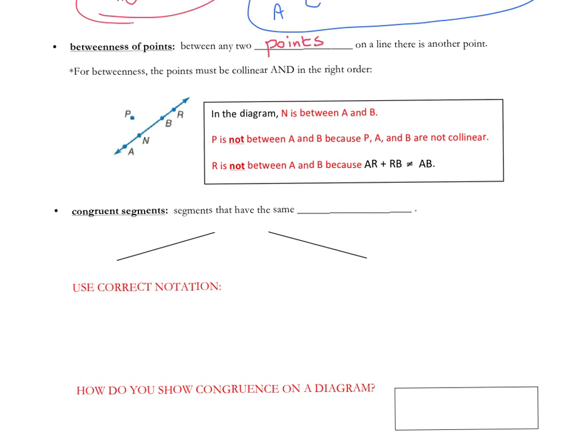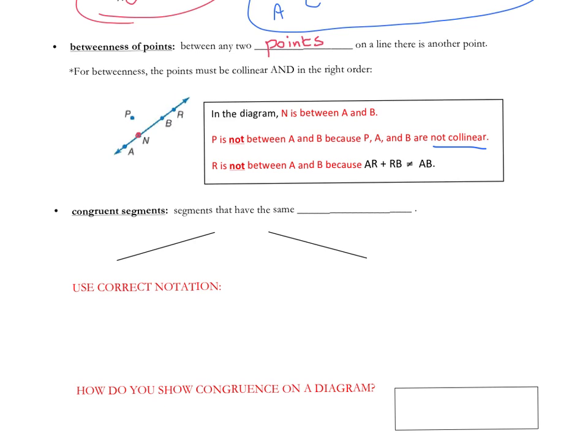So in this diagram, you could say that N is between A and B. You could say N is between A and R. You can say B is between N and R, or you could say B is between A and R. Now, for example, P is not between A and B because, again, they're not collinear. So for betweenness, you need the idea of them all being on the same line.